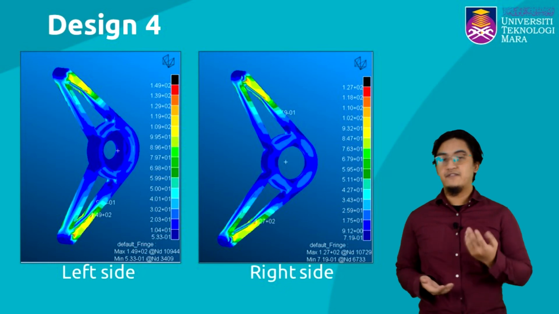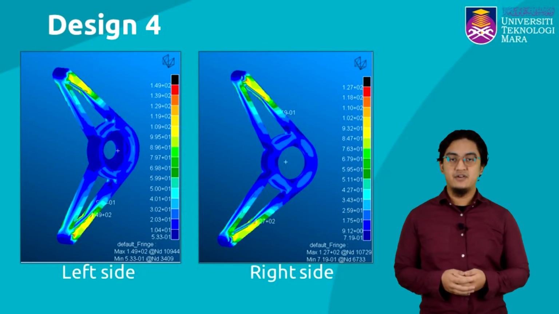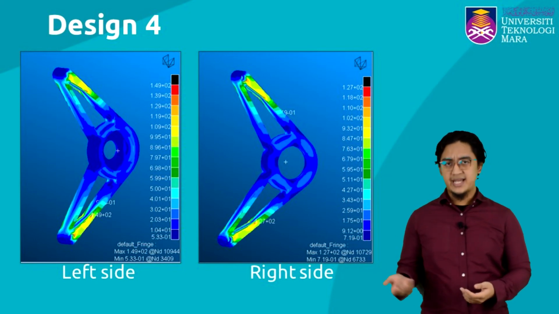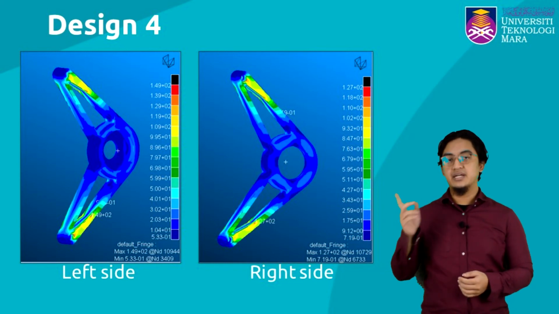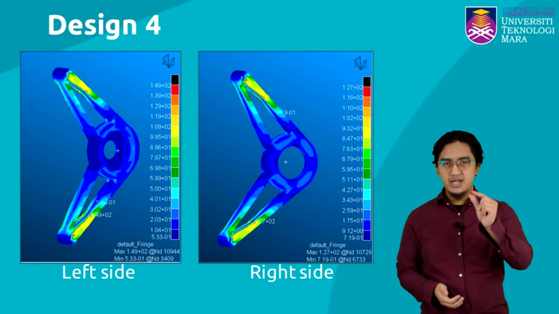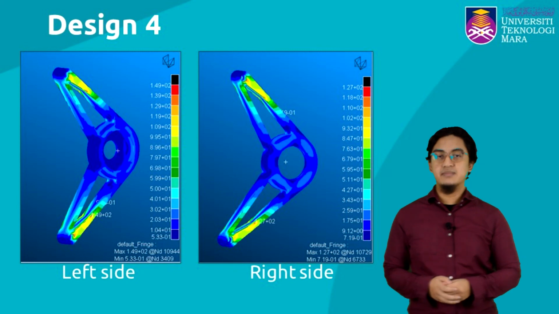Lastly, for design 4, the maximum stress is 149 megapascal for the left side and 127 megapascal for the right side. In this design, the stress at this area is more evenly distributed. The stress is not concentrated on one point. This is good to increase the lifespan of the mounting.